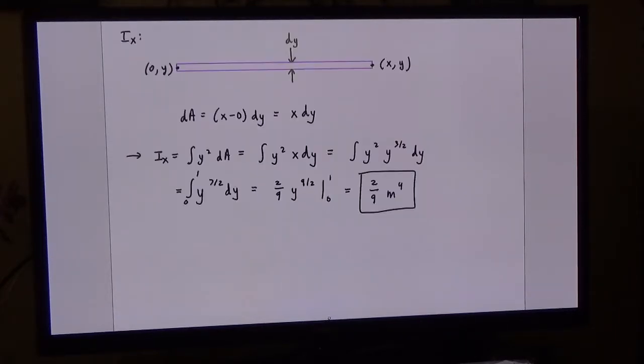Again, whenever I'm setting this up, I want to sketch a couple of the points and my representative element. So this time my element is vertical. I'm going to specify the coordinates at the top and at the bottom. My thickness here, since this is a vertical element, my width would just be dx.